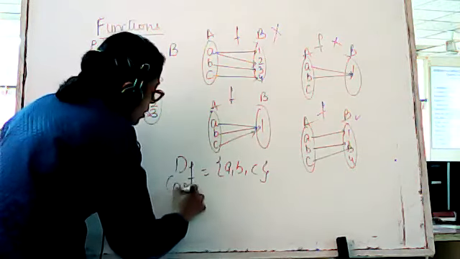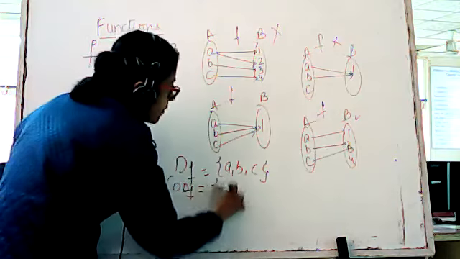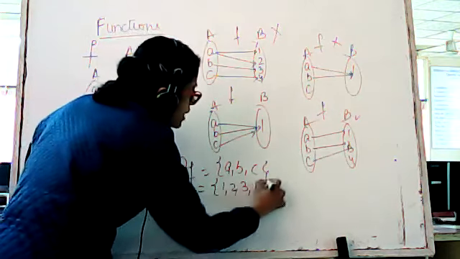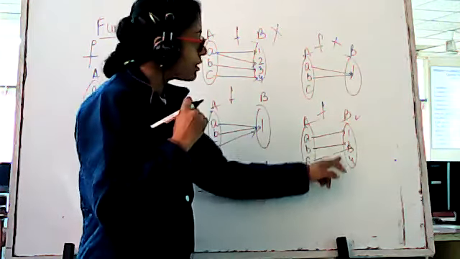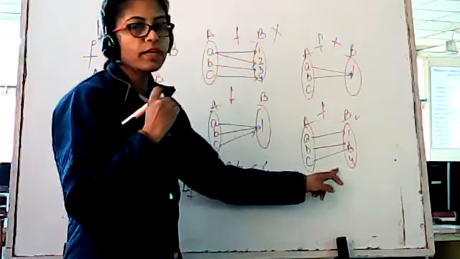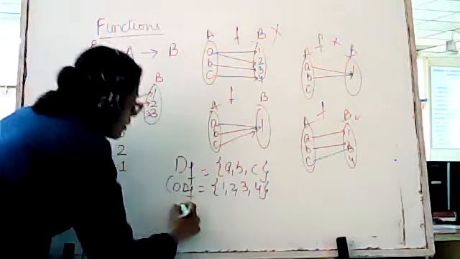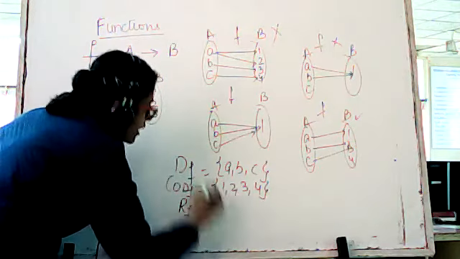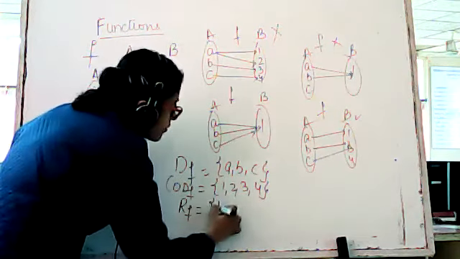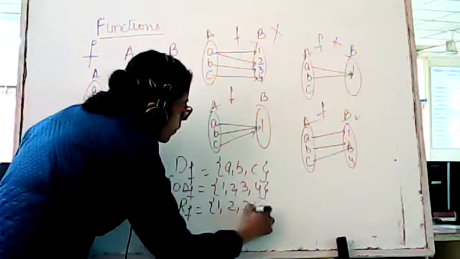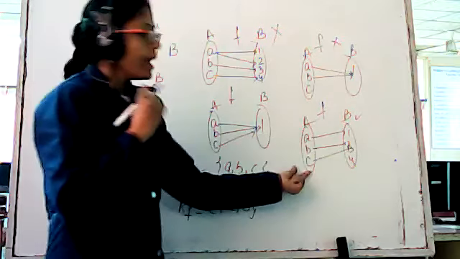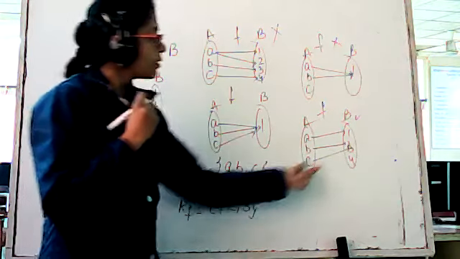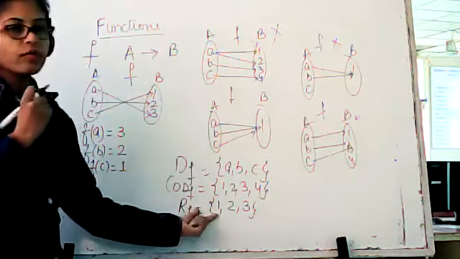Codomain of the function f is 1, 2, 3 and 4. जो हमारे पास सेट B है, सेट B के जितने भी एलिमेंट्स हैं, these all elements belong to the codomain. After that, range of the function. Range of the function में कौन से एलिमेंट्स आएंगे? 1, 2 and 3. जो एलिमेंट्स सेट A के एलिमेंट्स की इमेजेस हैं, those elements belong to range.